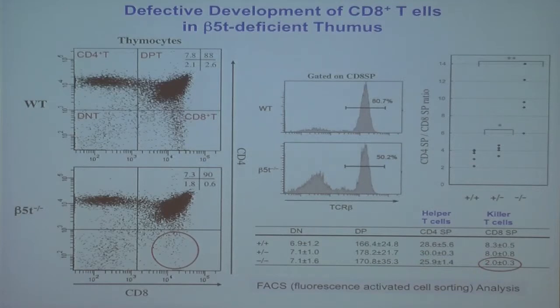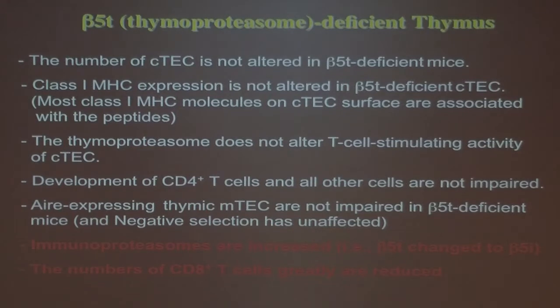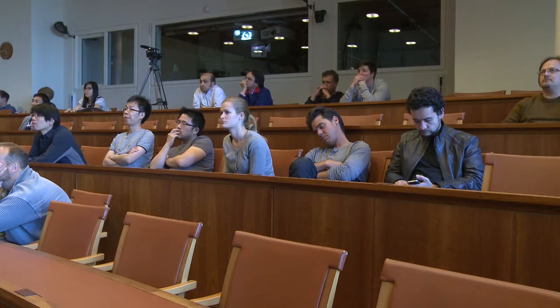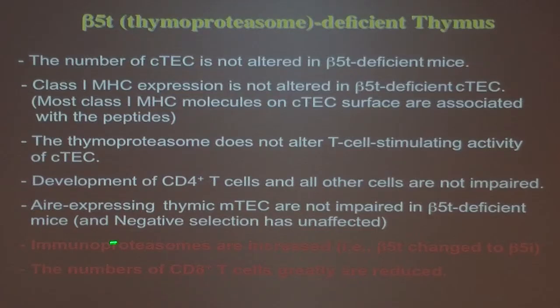So that means the thymoproteasome is really involved in positive selection. We tested many things, but we didn't find any difference except in two phenomena: the conversion to immunoproteasome and also the decrease of killer T cells.